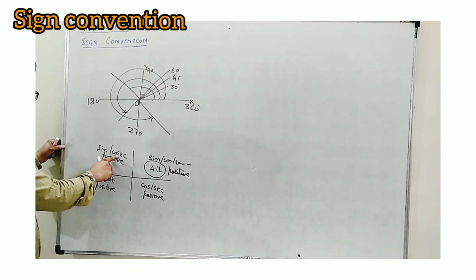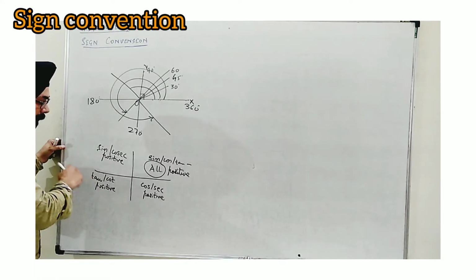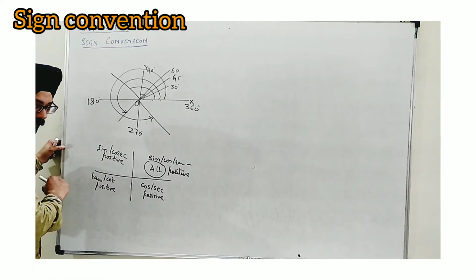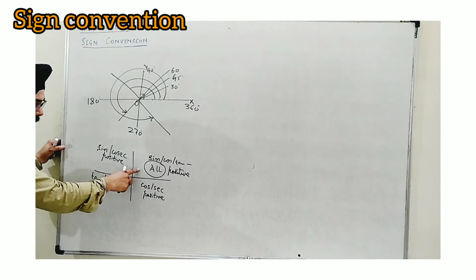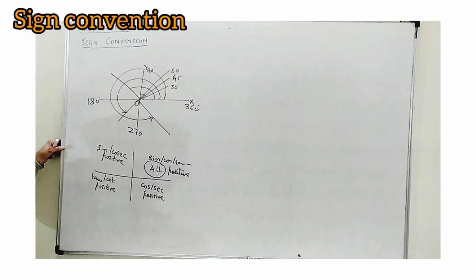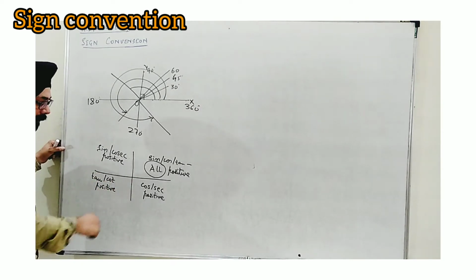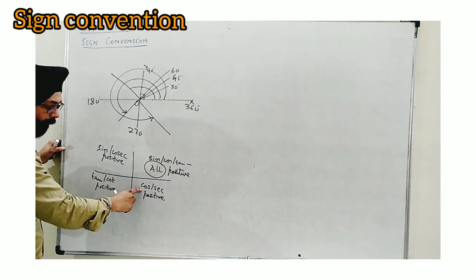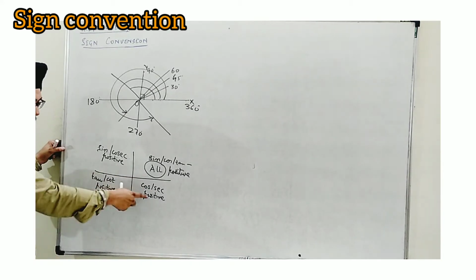Sine and cosec are positive in the first and second quadrants, but negative in the third and fourth quadrants. Tan and cot are positive in the first and third quadrants, but negative in the second and fourth quadrants. And cos and sec, this group, is positive in the first and fourth quadrants, but in the second and third, these are negative.